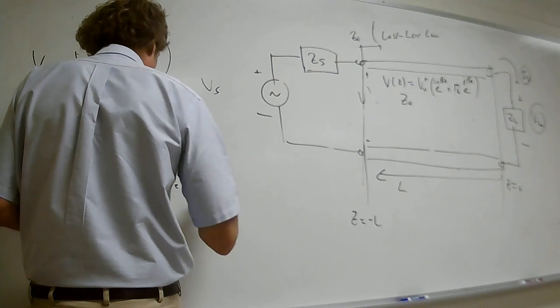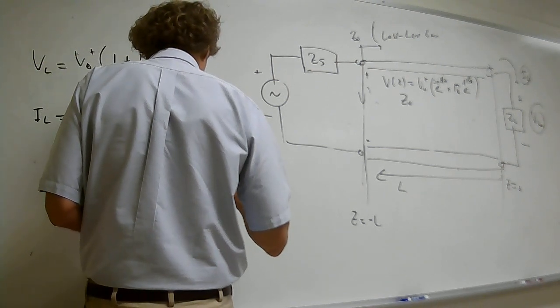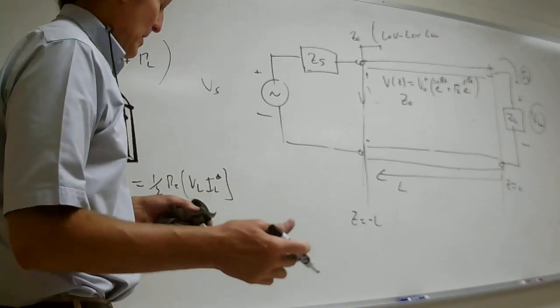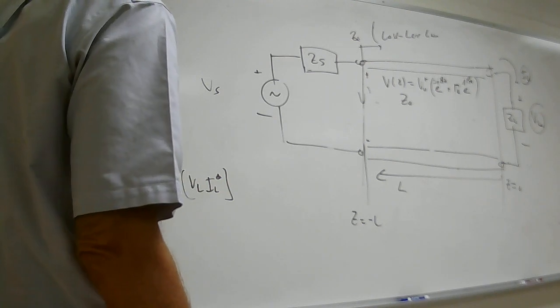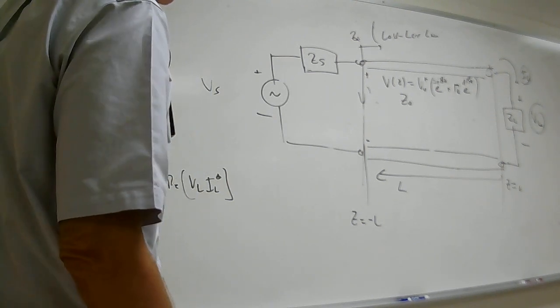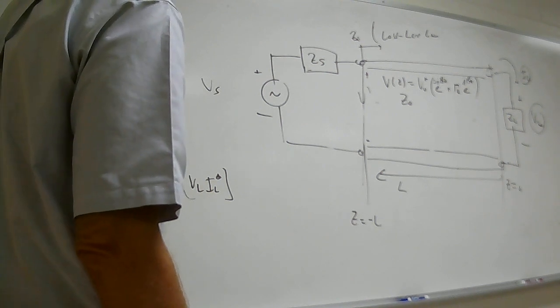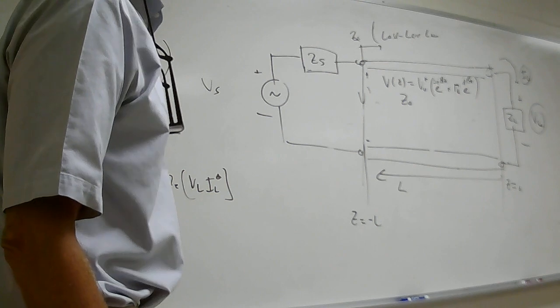One half the real part of what? V load times I load conjugated, right? So there's V load. I load is just that divided by ZL, but it's got to be conjugated, right? When you do all this, what's going to happen? You're just going to get the resistive part, aren't you?